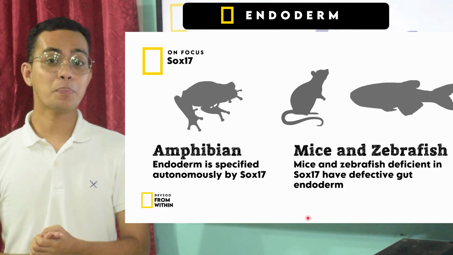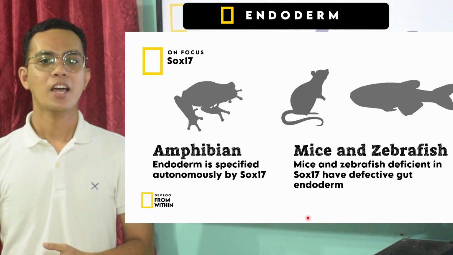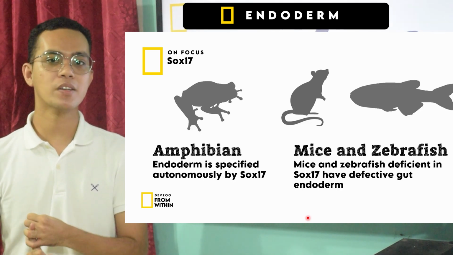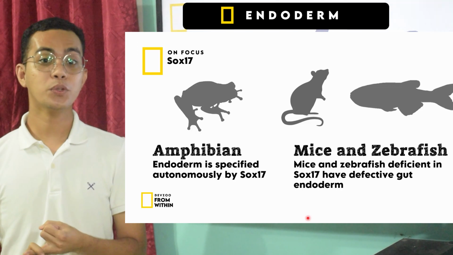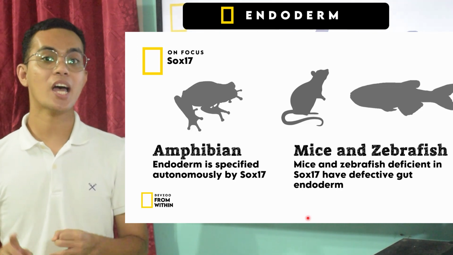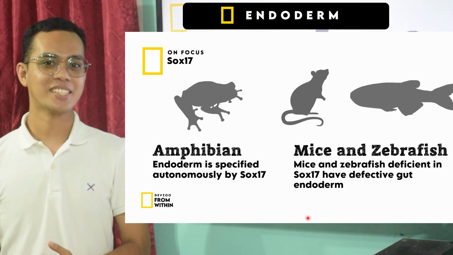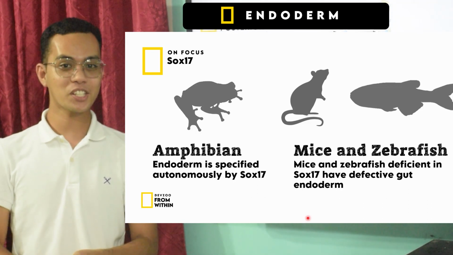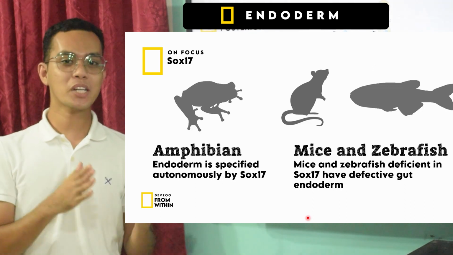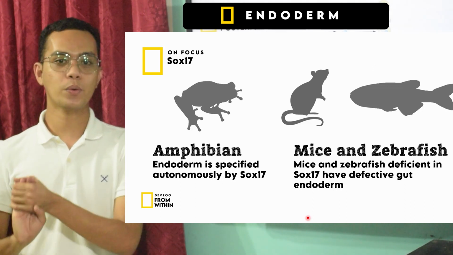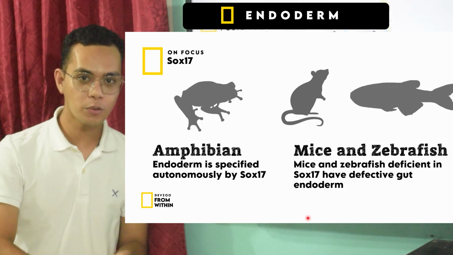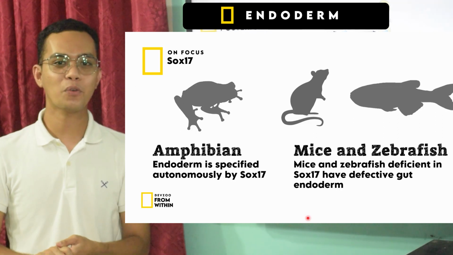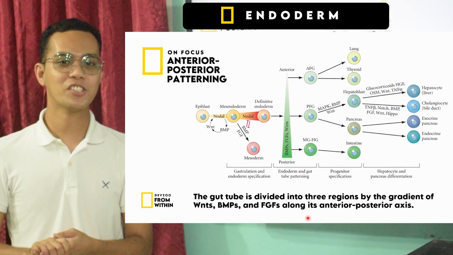Whereas in a Japan-based experiment, they found that mice and zebrafish deficient in SOX17 have endodermal or digestive tract issues as they progress in their development. This means that SOX17 is very critical for the endoderm. As we progress with this report, we will also encounter different transcription factors and genes that direct the endodermal cells in forming the primitive gut or your digestive gut.